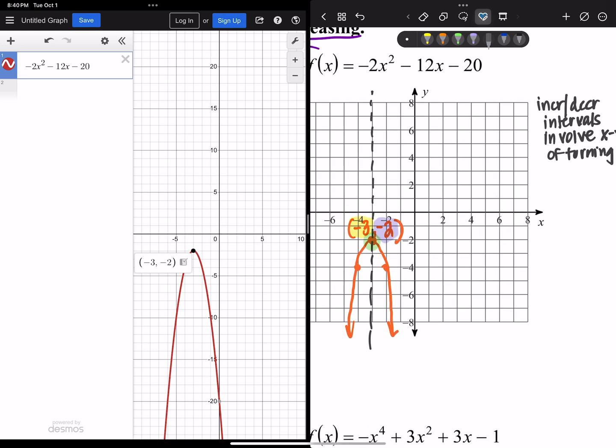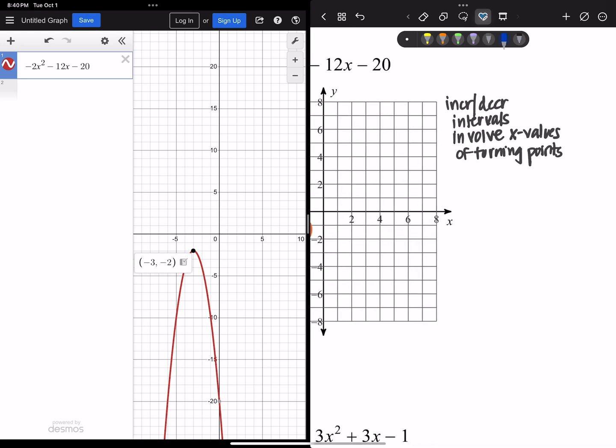The maxima and minima, max and mins, involve the y values of the turning points. Sorry, my handwriting is atrocious right now.